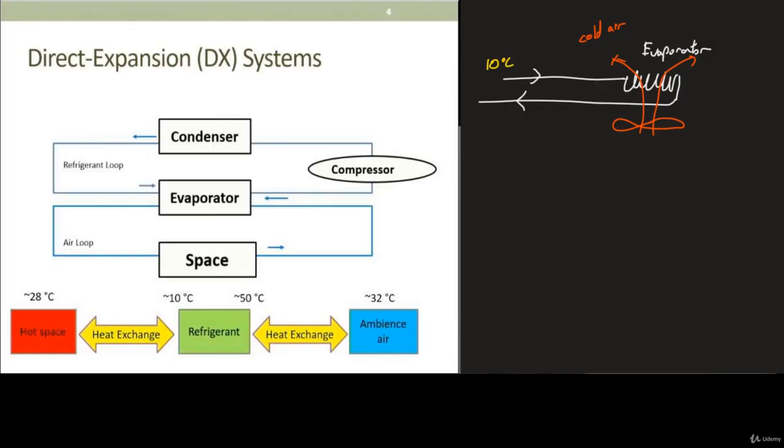So let's say a refrigerant going in at 10 degrees Celsius, it may leave the room at around 16 or 17 degrees Celsius, and after that is transported to the compressor, and the whole cycle will repeat in the vapor compression cycle. And at the condenser side, the hot refrigerant may be around 50 degrees Celsius, and you use the outdoor air, the ambient air, to cool it down. And these are the two areas where heat exchange actually takes place.